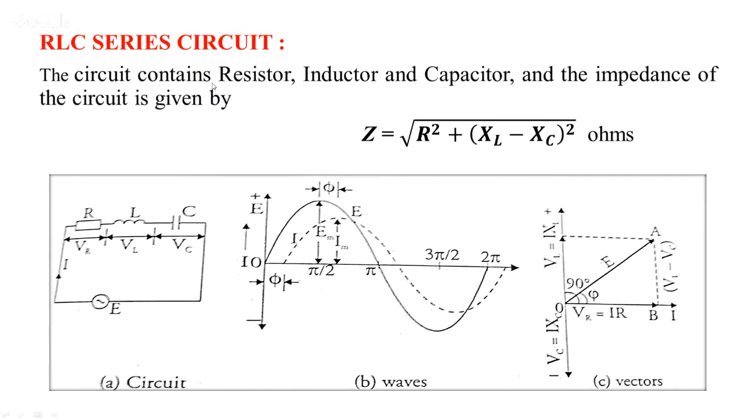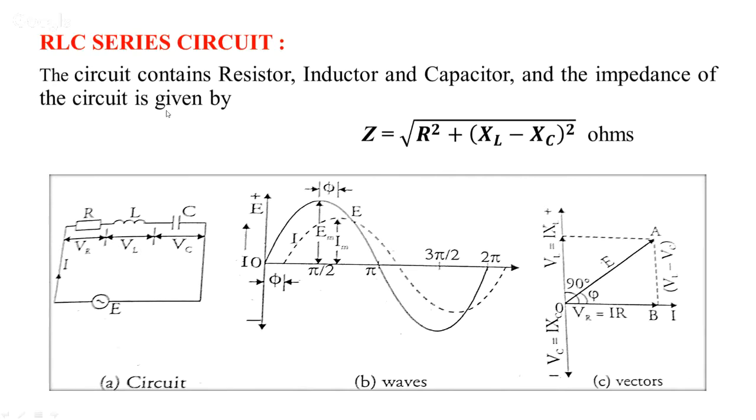So here, an RLC series circuit is a combination of resistor, inductor and capacitor, all connected in series. You can see resistor, inductor, capacitor connected in series, and across that a single phase AC is going to be applied.